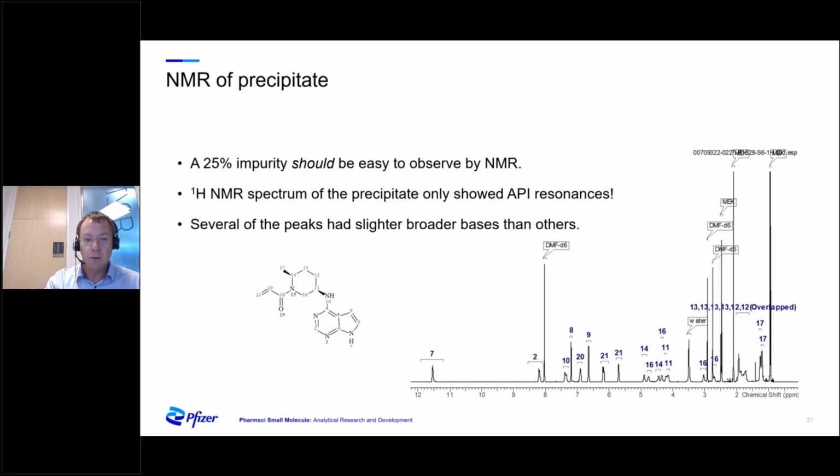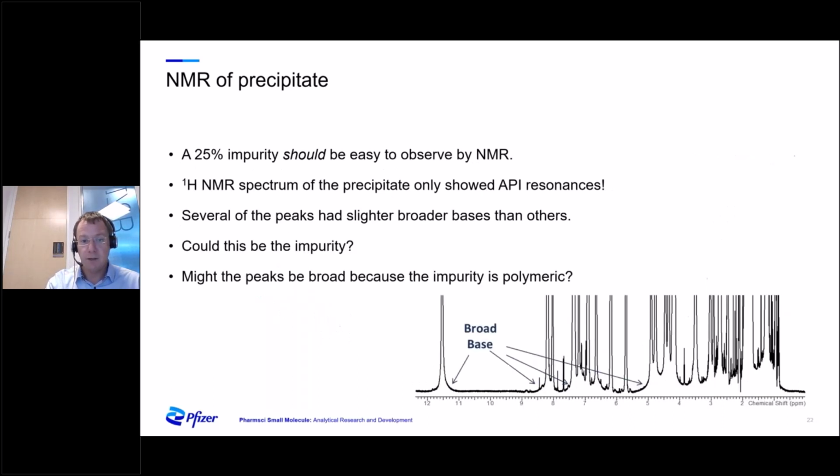However, if you look particularly carefully at the spectrum, you can see that some of the peaks are slightly broader at the base. So could this slightly broad thing under the base of some of these peaks be the impurity? And how might we find out if this is the case? Well, if the peaks are broad, it might be because they're of high molecular weight and are diffusing slowly.